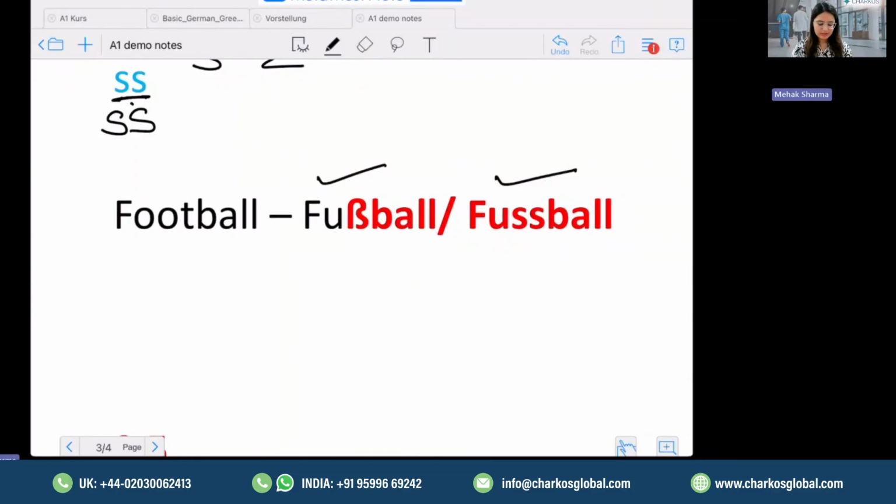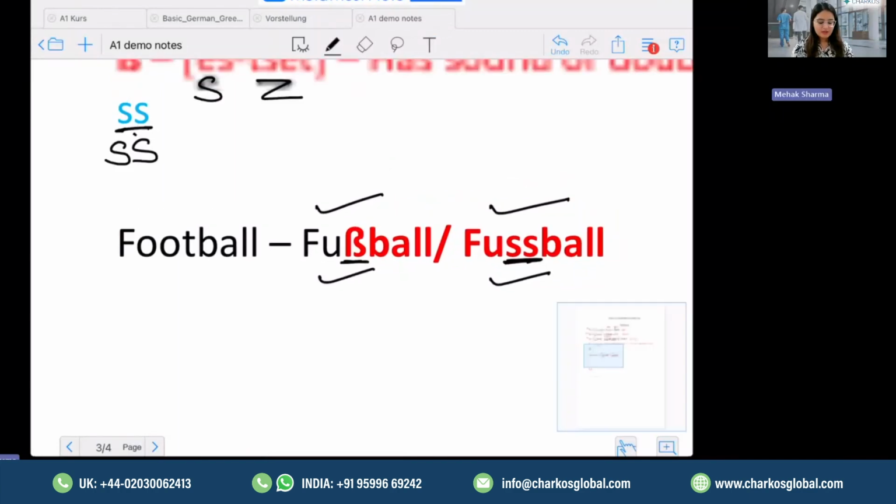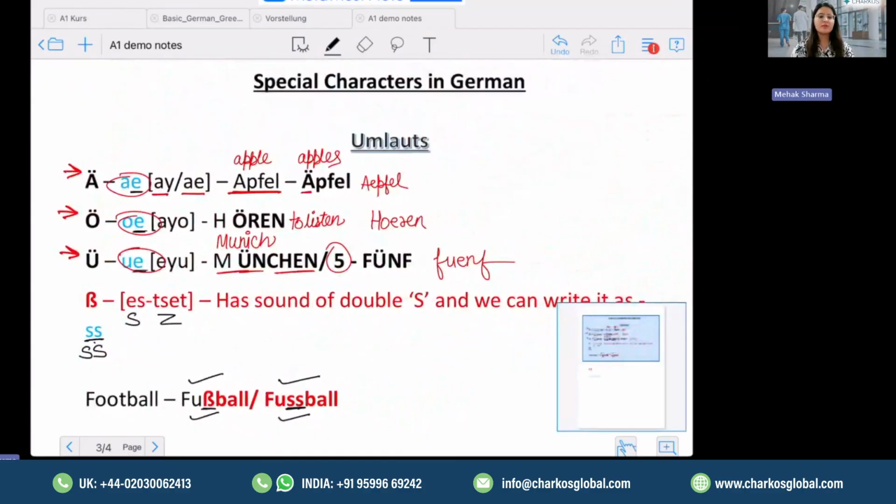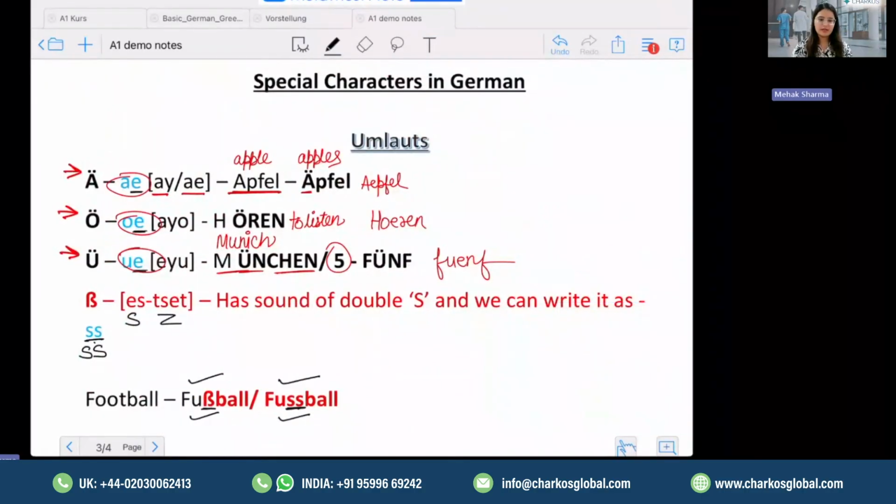Fußball. So in any word in which you have S set, if you wish to write it as double S, go ahead. Okay. So with these special characters, we have covered the basics of letters, or alphabets, like those 26 plus these 4.